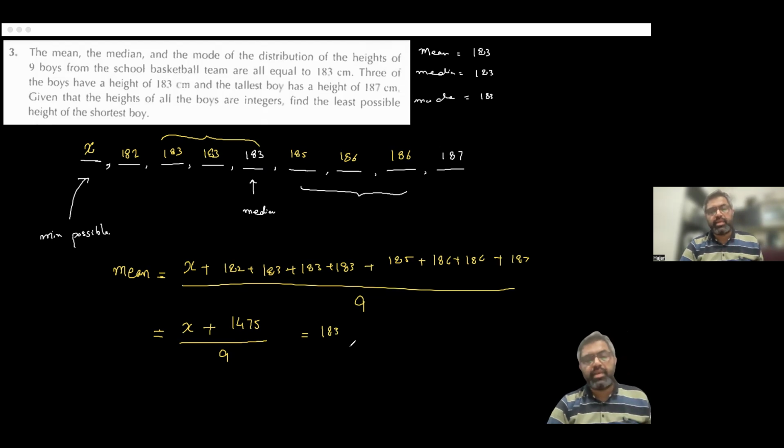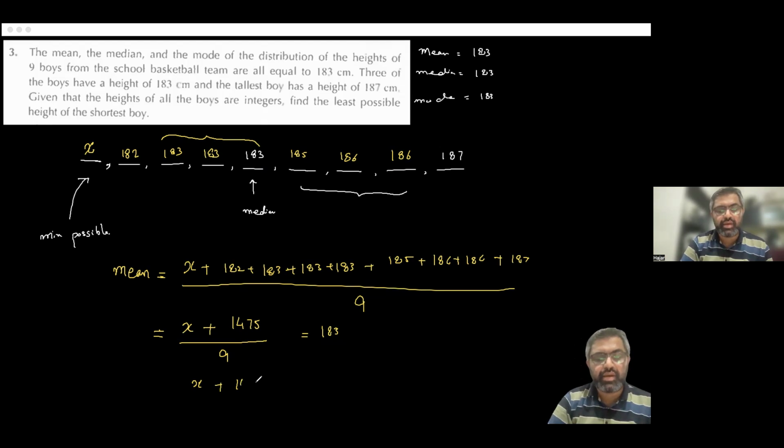So we multiply 183 by 9. 183 times 9 is 1647. So X plus 1475 is equal to 1647. Bringing 1475 to the other side, X is equal to 1647 minus 1475.